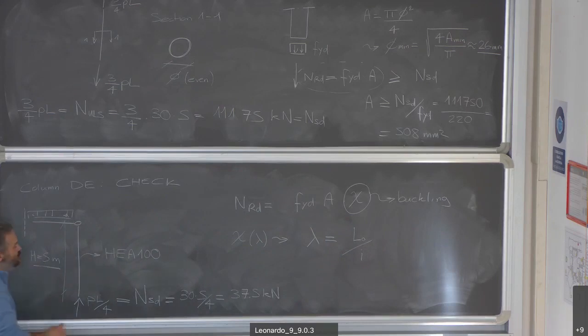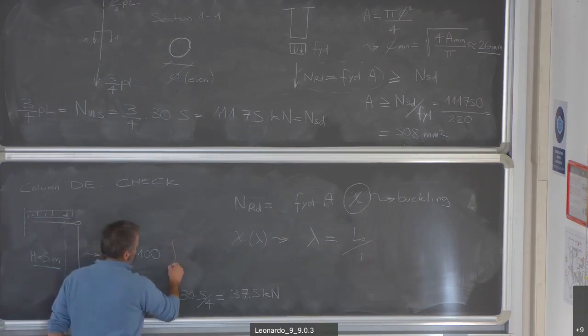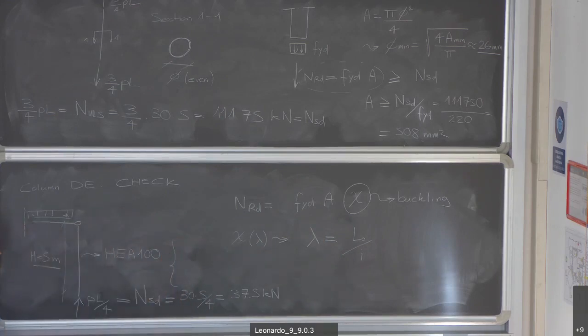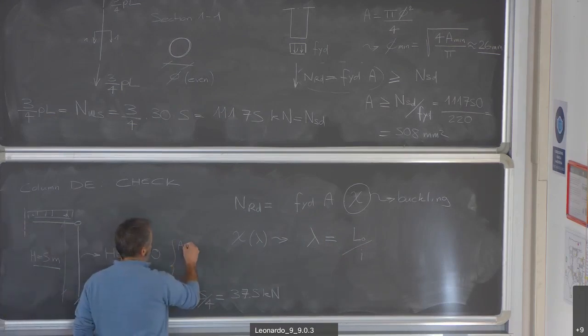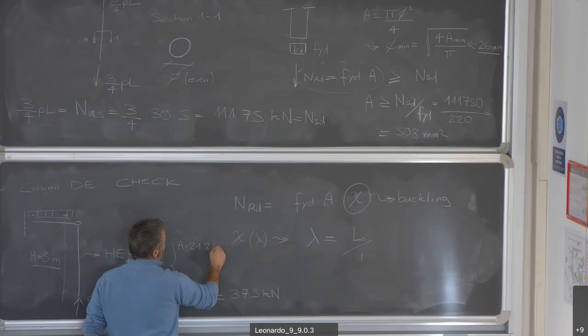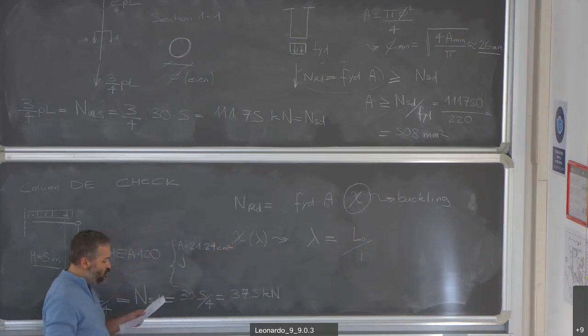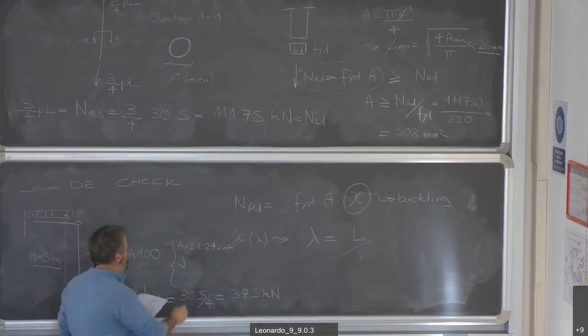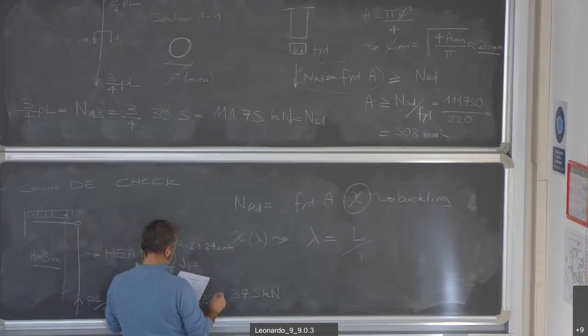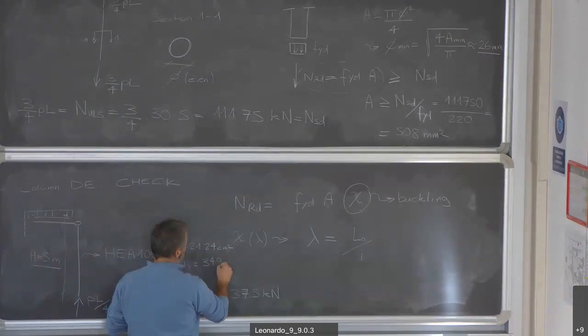Before we put the numbers, let me just tell you that for the HEA profile, we had 3 quantities. The area, 21.24 square centimeters. Second order moment of area about the strong axis, 349.2 centimeters to the power of 4.